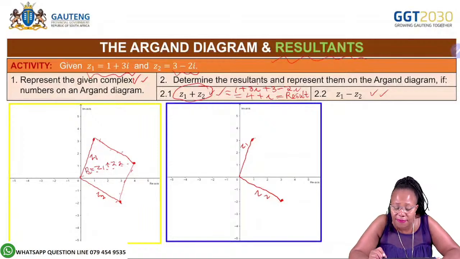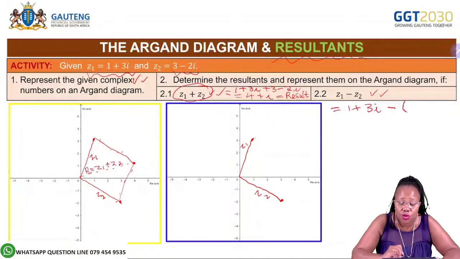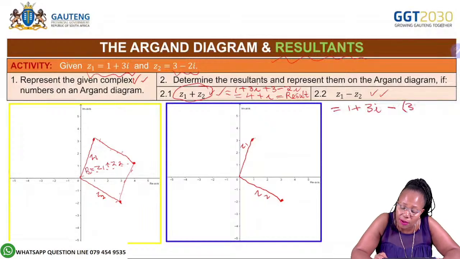With this one, the difference is that if you are taking Z1, Z1 will be 1 plus 3i. And when you subtract, remember now it will affect the sign of Z2, that complex number 3 minus 2i, because you are subtracting. So that will be 1 plus 3i.